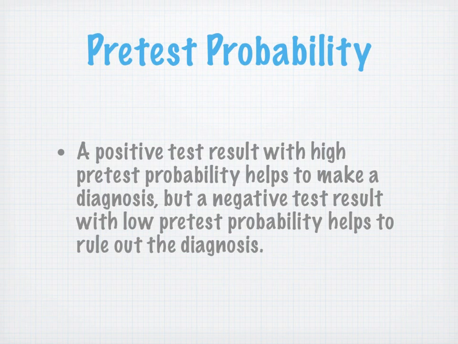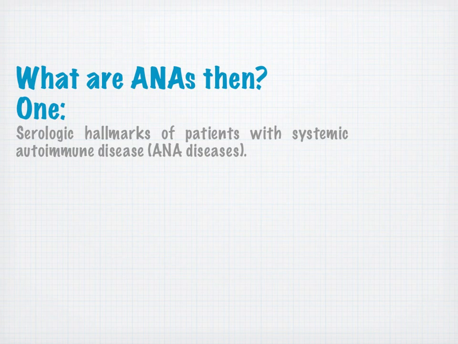Pretest probability is really useful when you're deciding to run ANAs to test for the laboratory hallmarks of rheumatologic conditions. So a positive test result with high pretest probability helps make the diagnosis, but a negative test can help rule out the diagnosis.